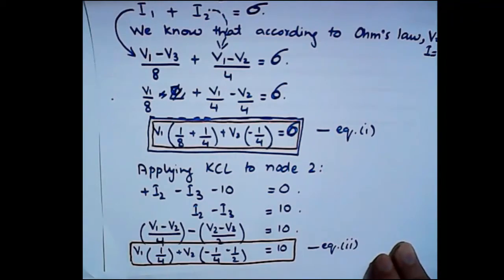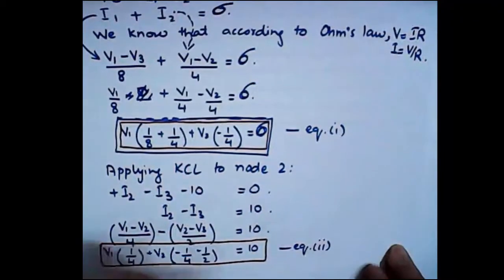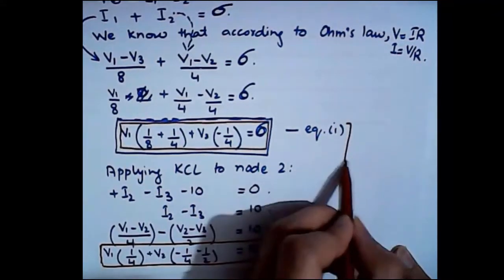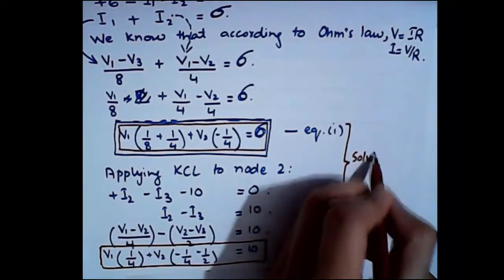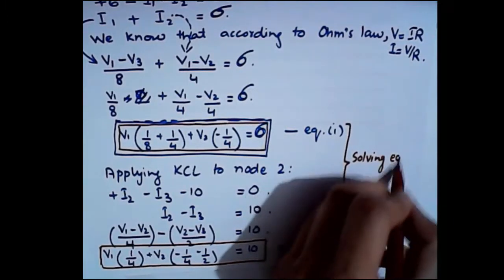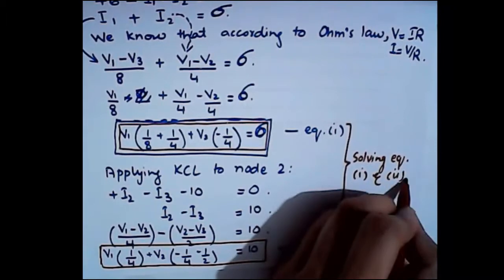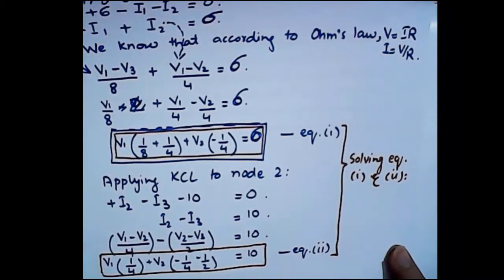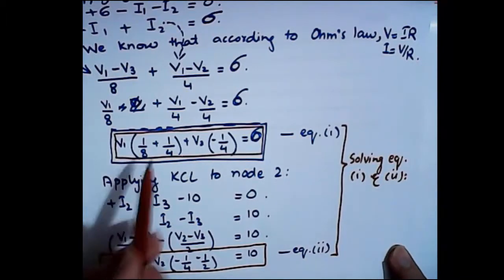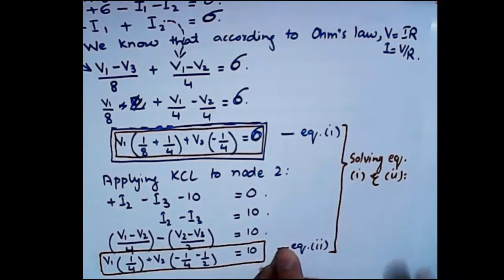Now you can see that we have got two equations and there are two unknowns. So solving equation 1 and 2, you can also solve them manually again, as I have said, but even if you solve them in a calculator, you just enter these variables and constants and get the answer. There is no issue in that.